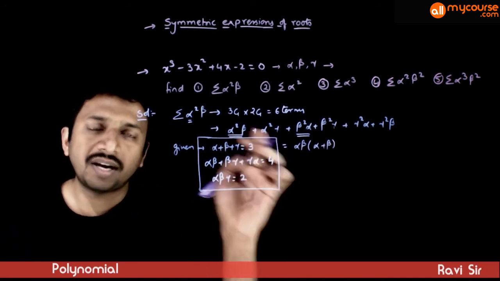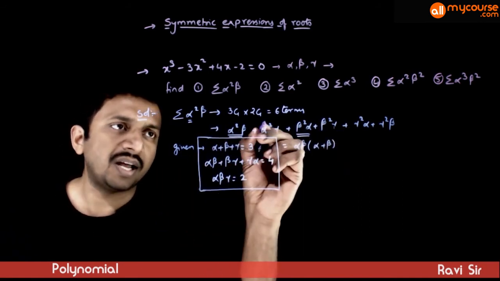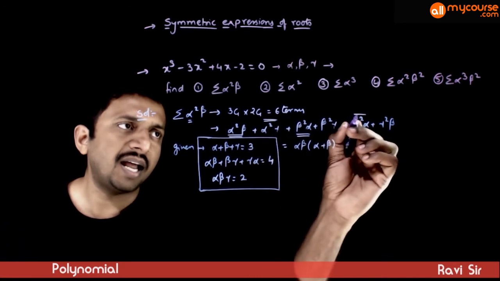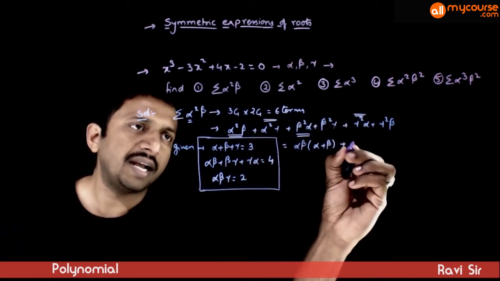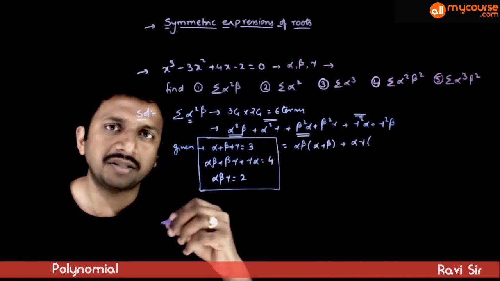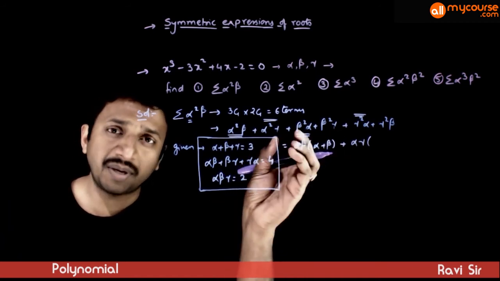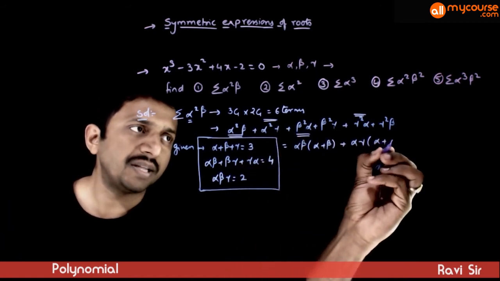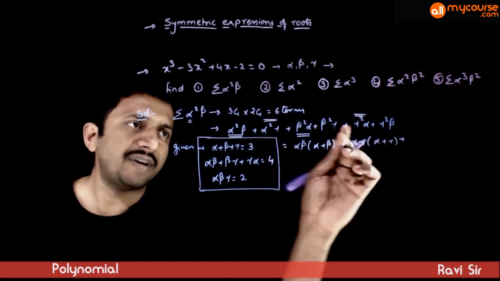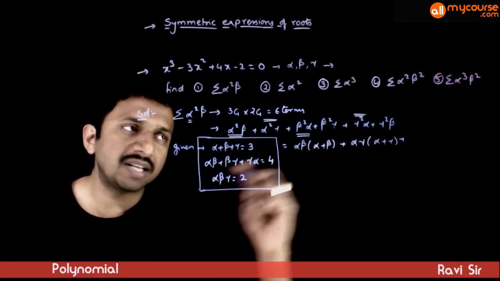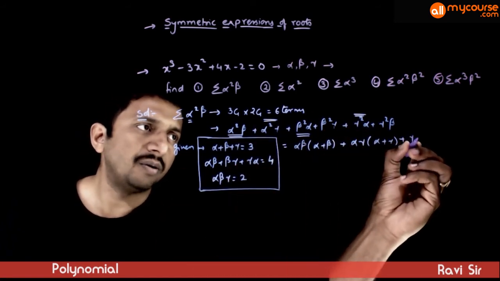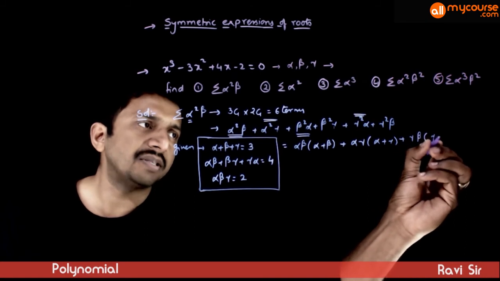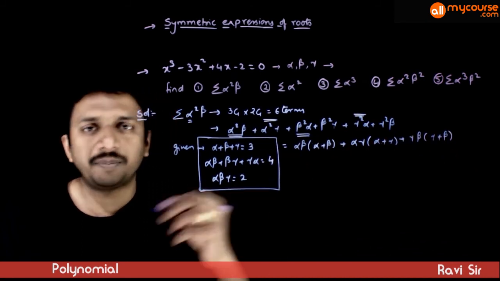Next, alpha square gamma and gamma square alpha. If I take this term and this term, alpha gamma is a common term, so alpha plus gamma. Plus finally, beta square gamma plus gamma square beta. So gamma beta times gamma plus beta.